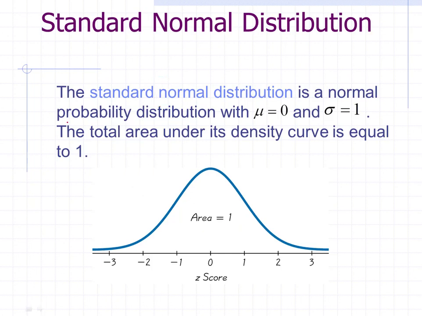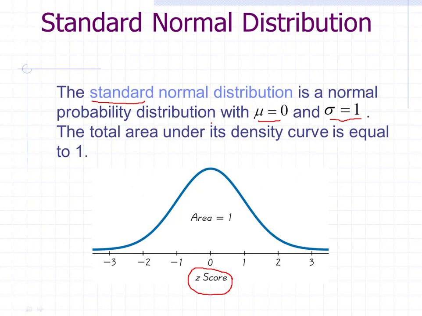Now when we talk about the standard normal curve, by adding that word standard, we put a few more limitations on it. In the standard normal distribution, the mean is 0 and the standard deviation is 1. And we use z-scores with a standard normal curve.